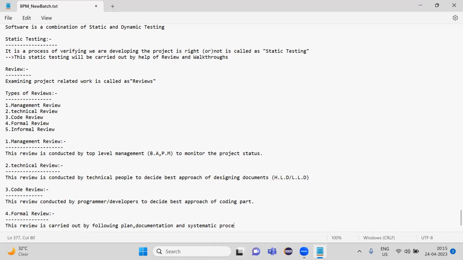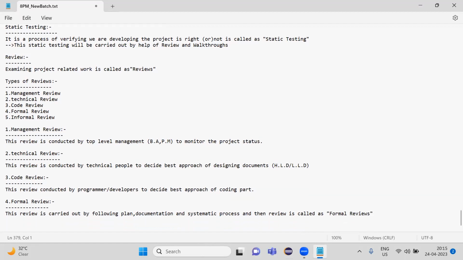We are going to follow the plan, documentation, and systematic process, and then conducting reviews is called formal review.